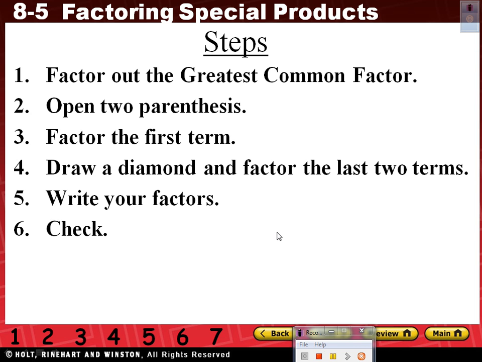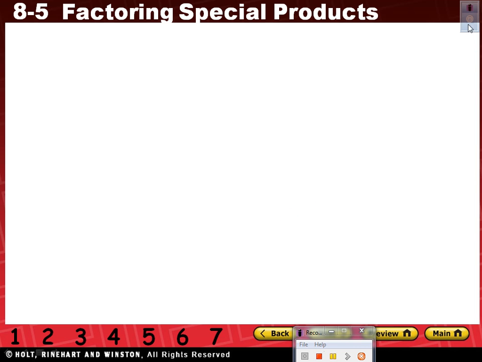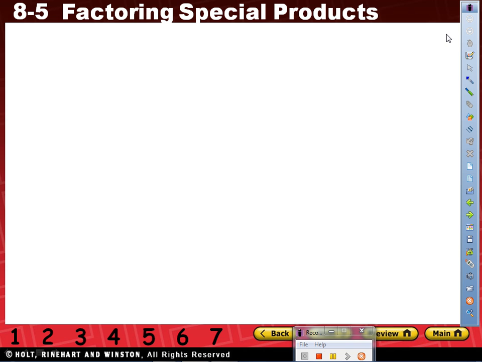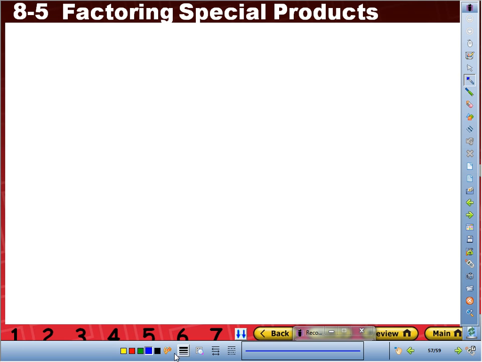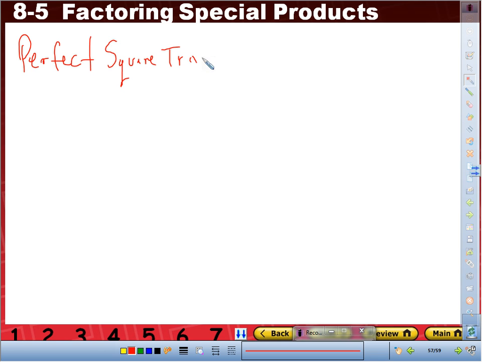All right, so we end up here on the Q side. Everybody with me? On the Q side of your notes, I want you to write the first term. I'm going to call it the perfect square trinomial.